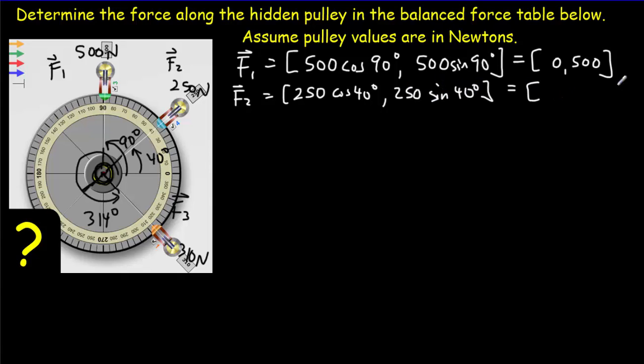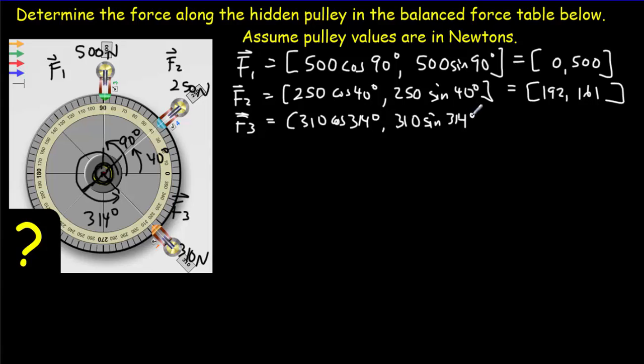Multiply that out. My F2 is going to be the vector 192, 161. And then F3, same procedure, 310 cos 314 degrees, 310 sine 314 degrees. So my F3 vector in Cartesian component form is 215 and then negative 233.